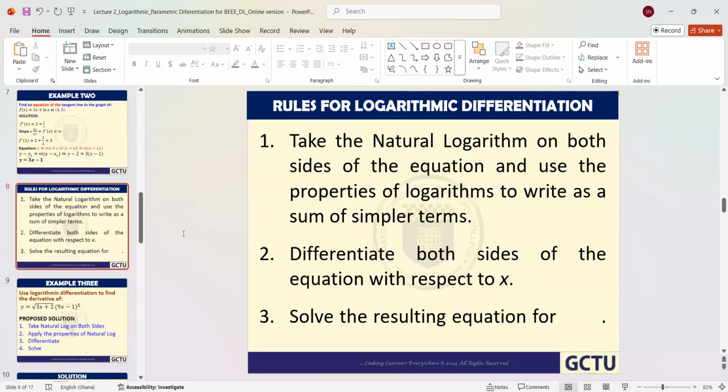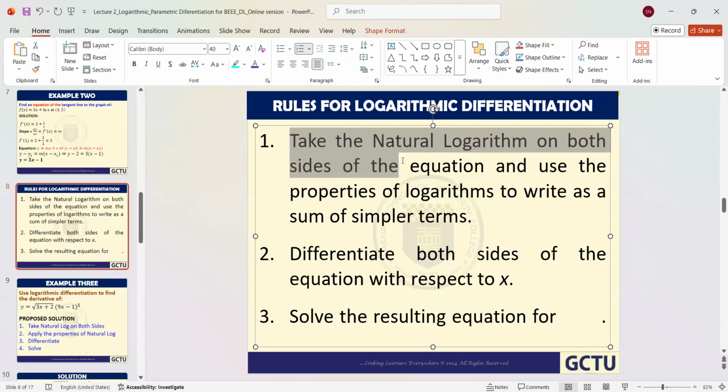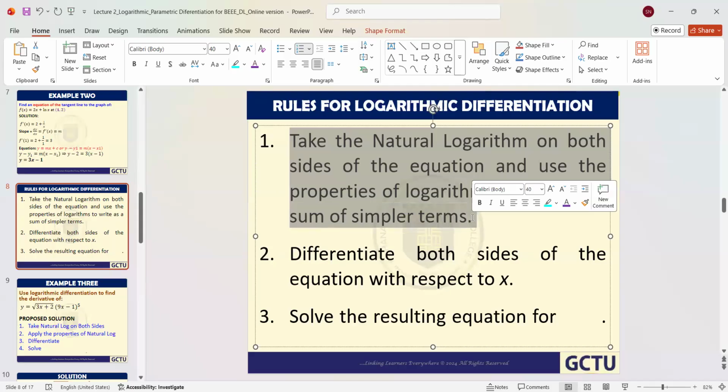Now the next example will be a bit more involving. So let's repeat the rules. First of all, you take the natural log on both sides of an equation and use the properties of logarithm to write it as a sum of simpler terms. So we are going to take another example. This time, I'll leave the function in terms of y, and it will be a power function.